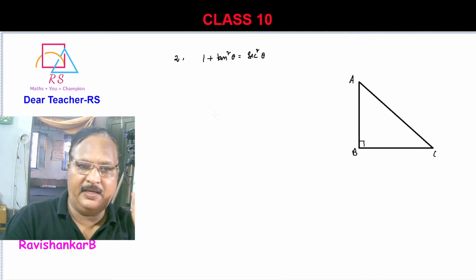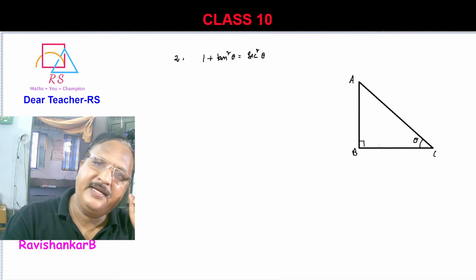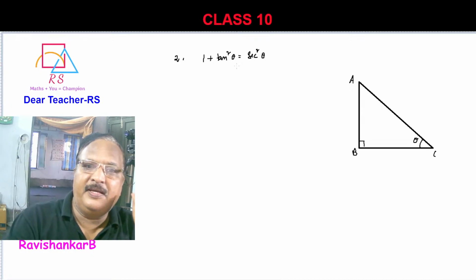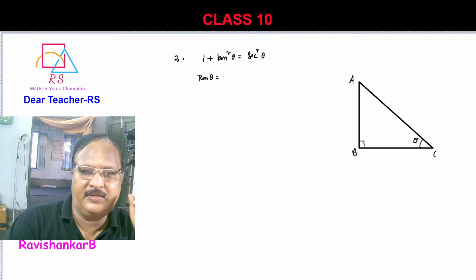Here also I keep theta at C. You don't need to keep theta; in the place of theta you can write C, so 1 plus tan square C is equal to secant square C. Here tan theta is equal to opposite side by adjacent side.